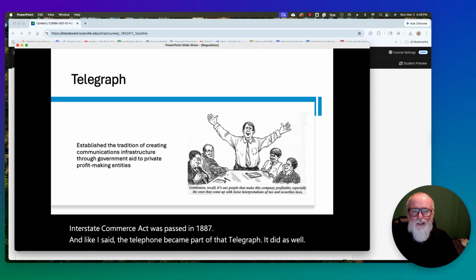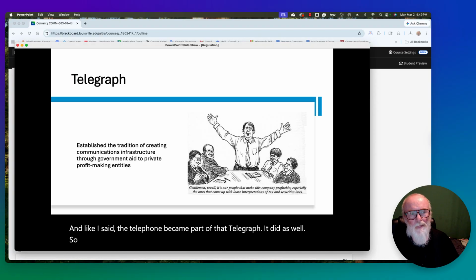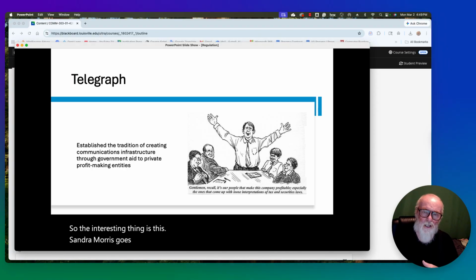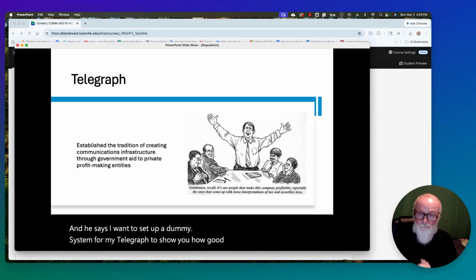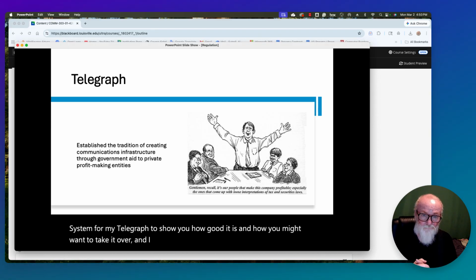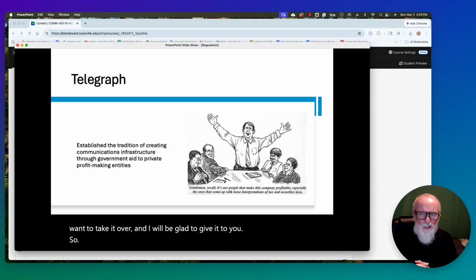So the interesting thing is this. Samuel Morse goes to Congress and he says, I want to set up a dummy system for my telegraph to show you how good it is and how you might want to take it over, and I will be glad to give it to you. So they say no. But we'll tell you what.